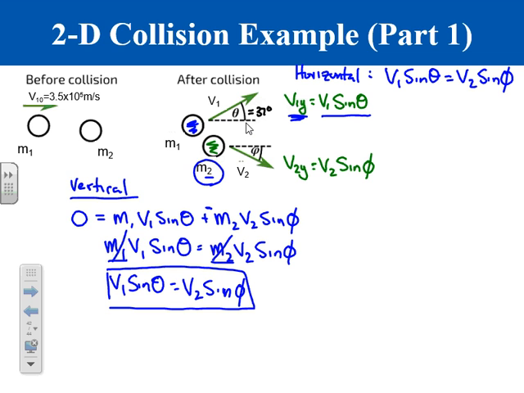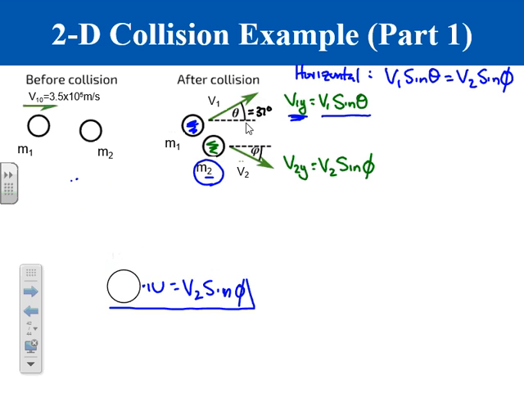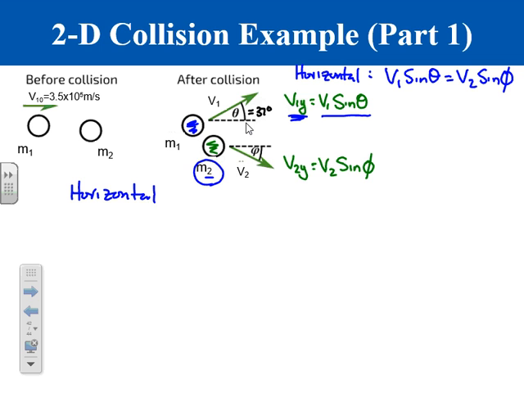All right, so let's attack the horizontal now. This one's going to be a little bit longer because we do have an initial momentum. So in the horizontal direction, initially, our total momentum, right, should equal our total momentum after the collision. And these are in the x direction because they're horizontal.